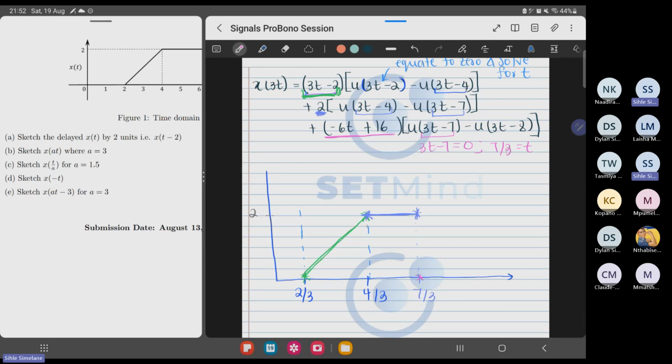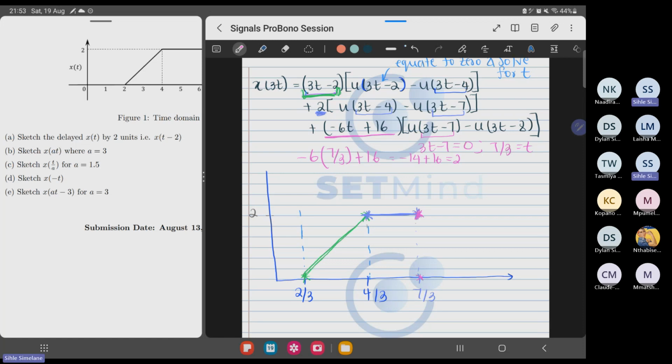And what I said to you is substitute those points in the function. So let's substitute 7 over 3 into the lower boundary piece, -6t plus 16. The answer you should be getting is -14 plus 16, which gives you 2. So our function is at value 2 for t is 7 over 3.